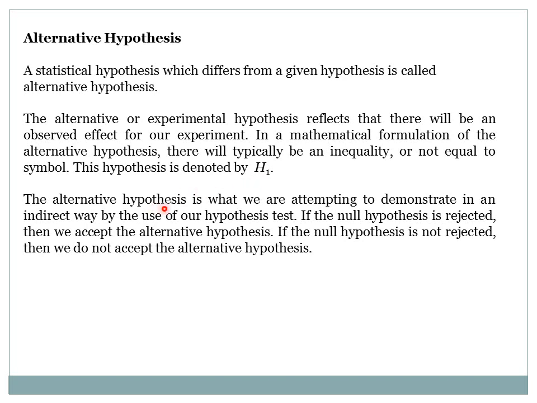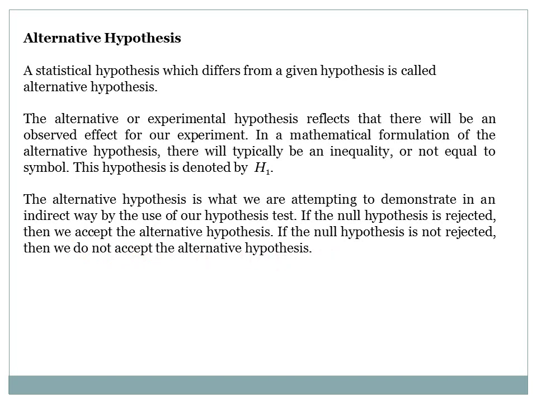Also, the alternative hypothesis is what we are attempting to demonstrate in an indirect way by the use of our hypothesis test. If the null hypothesis is rejected, then the alternative hypothesis is accepted. Correct? If the null hypothesis is not rejected, then we do not accept the alternative hypothesis.